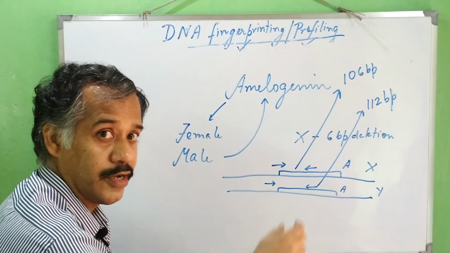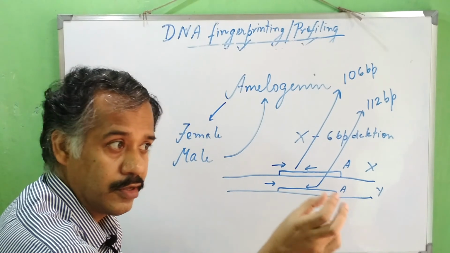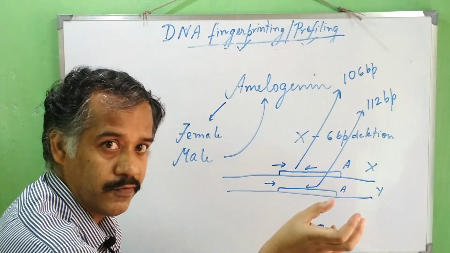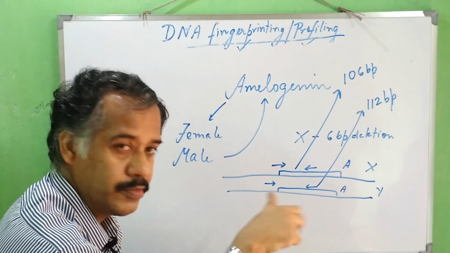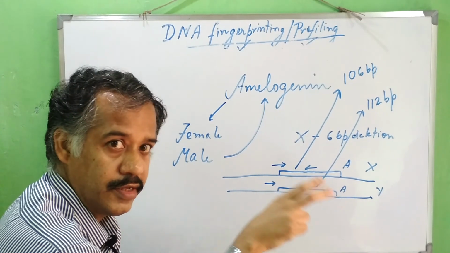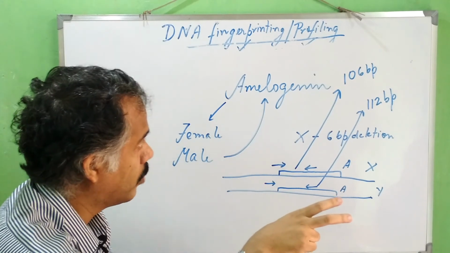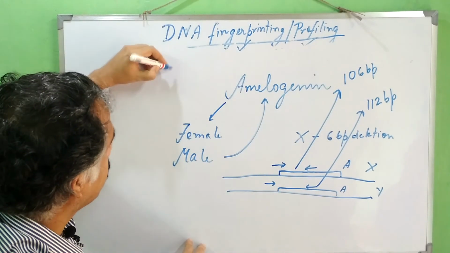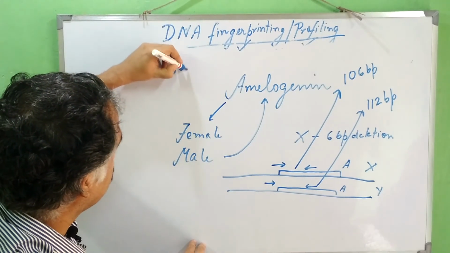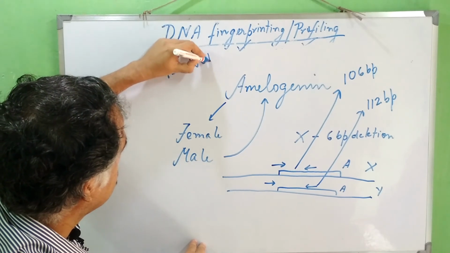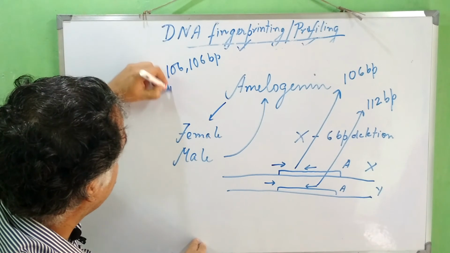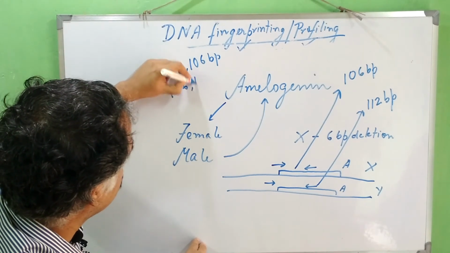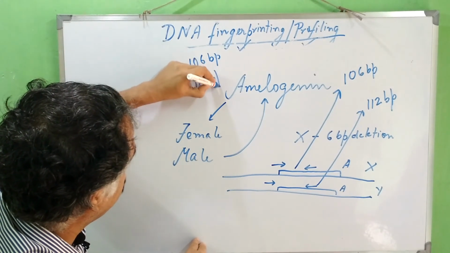Now if you use these kinds of primers on DNA from different people, for a DNA found at a crime site, if the DNA is from a female, we will get only one band, because both X chromosomes will give 106, 106. But if the DNA belongs to a male, we will get 106 from the X chromosome and 112 from the Y chromosome.